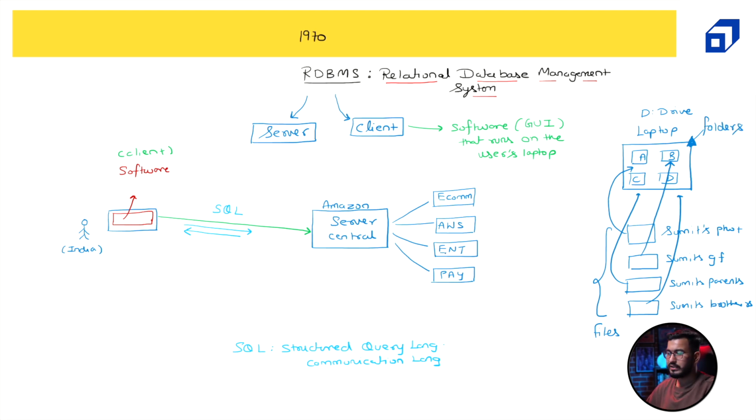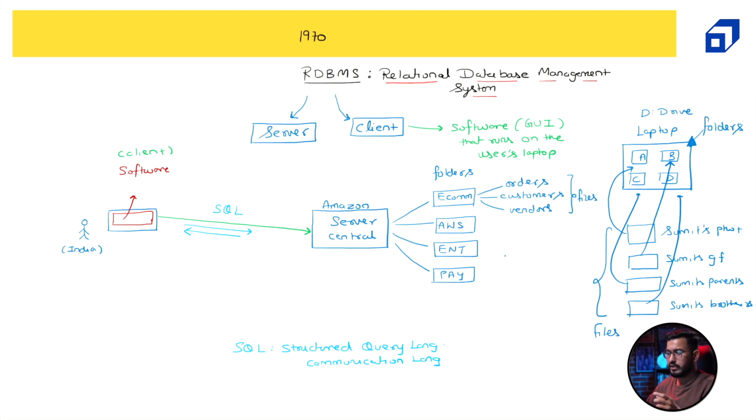So in your RDBMS infrastructure, let's say these are my folders, and each of these folders will have the associated files. Let's say in e-commerce, we will have the files of orders data, customers data, followed by vendors data. So these are my files.